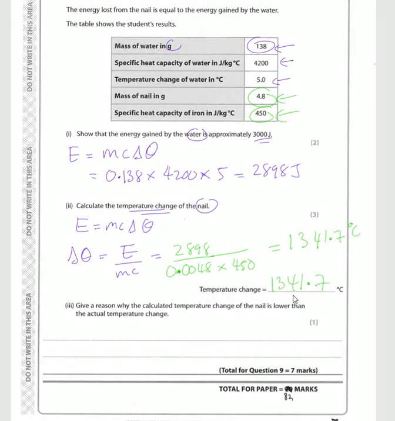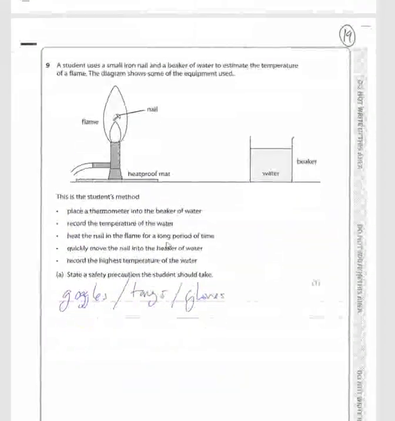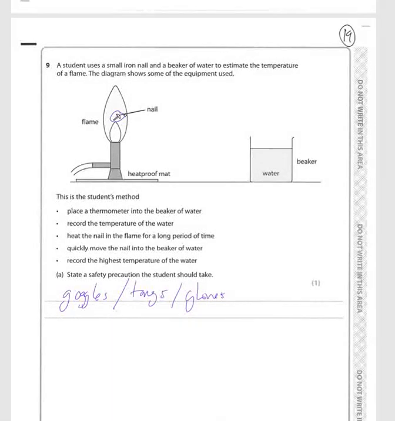Now, give a reason why the calculated temperature is lower than the actual temperature. If you go back to the diagram here, the nail is heated up and placed in the water. What's going to happen is the water will get heated up, of course, but the energy will also be going into the wall of the beaker and then finally into the air around it.